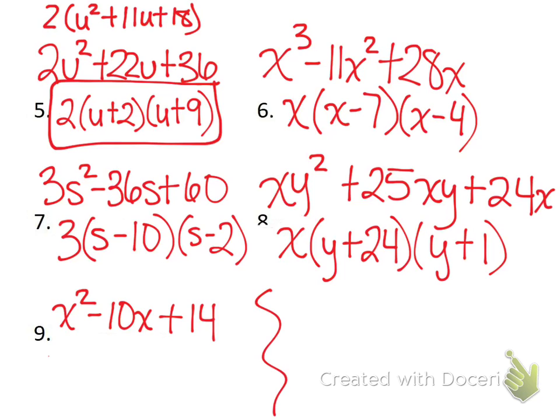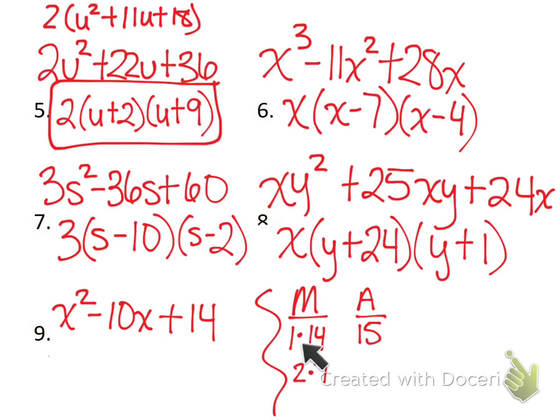So let's make a little list here. We are looking to multiply up to what number? 14. What numbers multiply to 14? 1 and 14, 2 and 7. If I take 1 plus 14, what do I get? 14. Wait, 15.